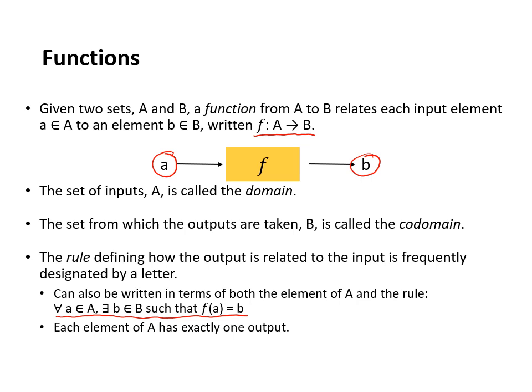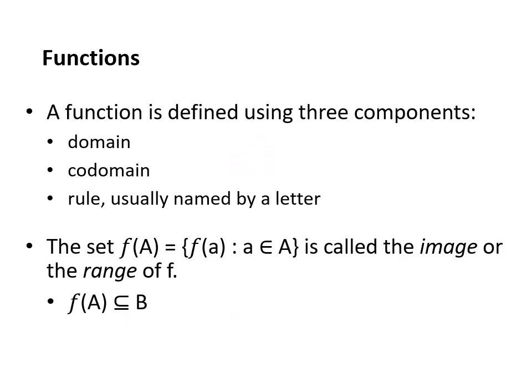And note here that each element of A has exactly one output, and we'll talk more about that. So a function is defined using three components: domain, codomain, and this rule that we already talked about that we usually denote using a letter.